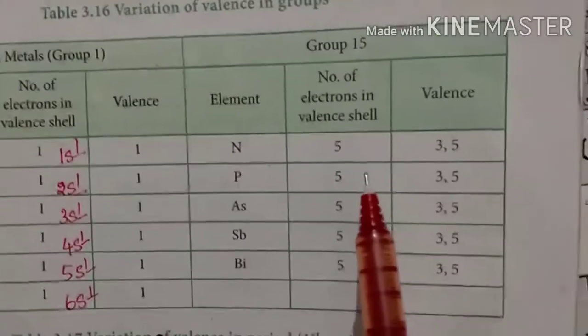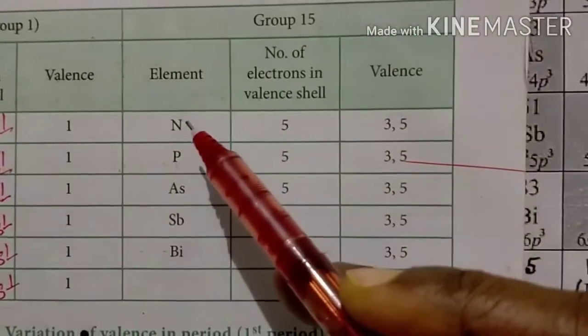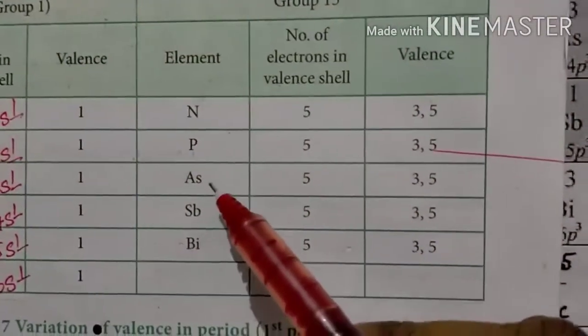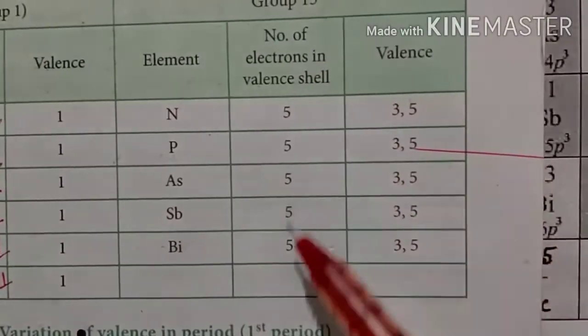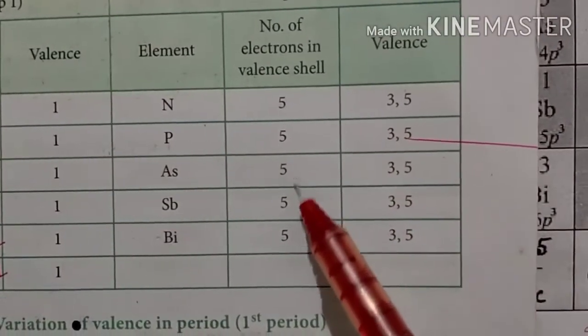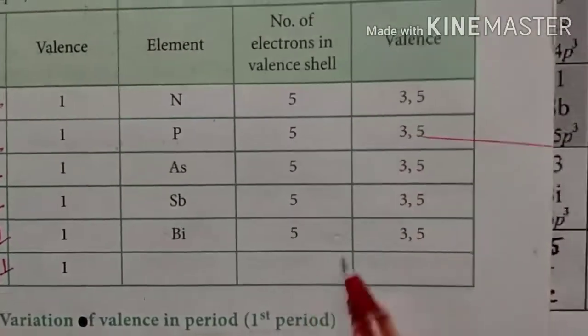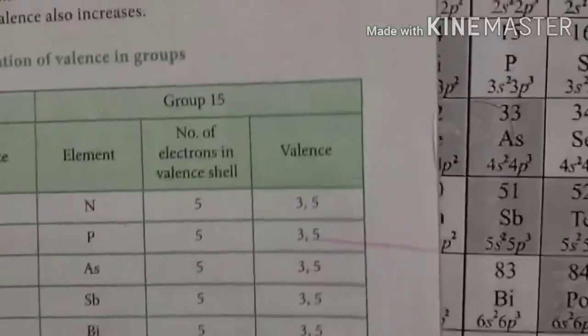And look at example 2, group 15. The elements are nitrogen, phosphorus, arsenic, antimony and bismuth. The number of electrons in the valence shell is 5 for each. How does it become 5? In the group it is the same.